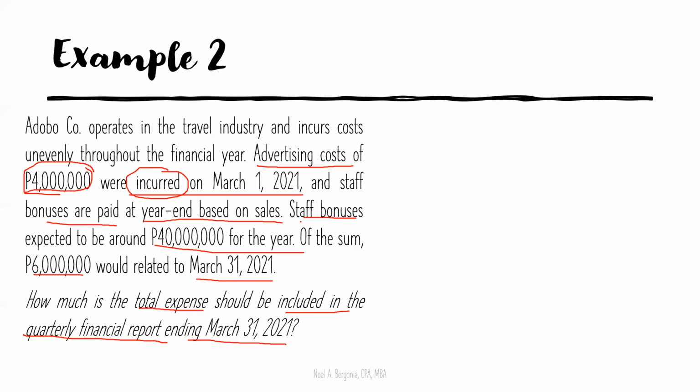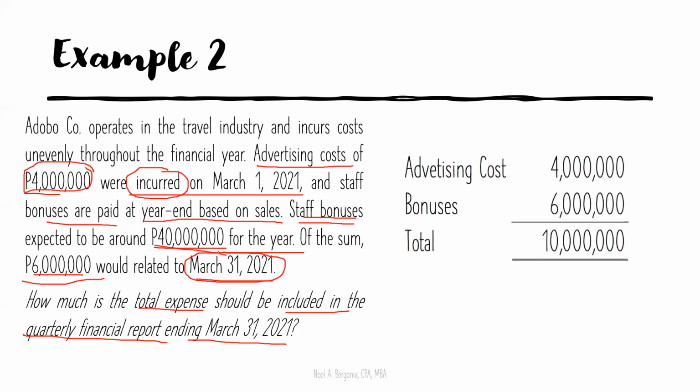As to staff bonuses, we will not divide 40 million by 4, but rather, since only 6 million would be related to March 31, we will just get the 6 million. So overall, the total expenses would be the incurred advertising costs and the 6 million which relates to the first quarter for the bonuses. That's why the total expenses to be included in the quarterly reports would be 10 million.